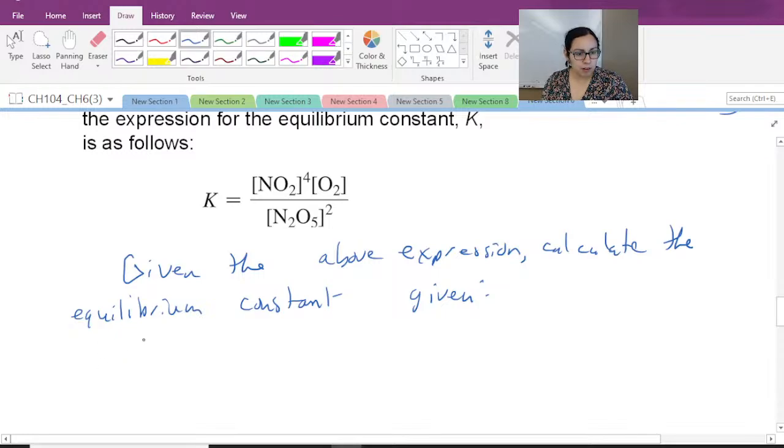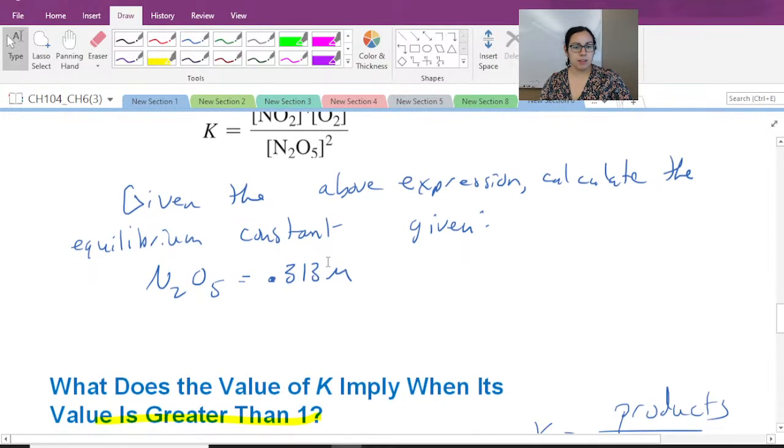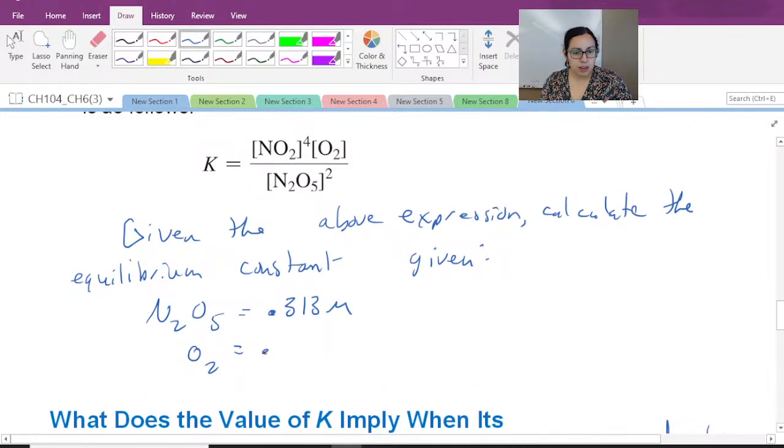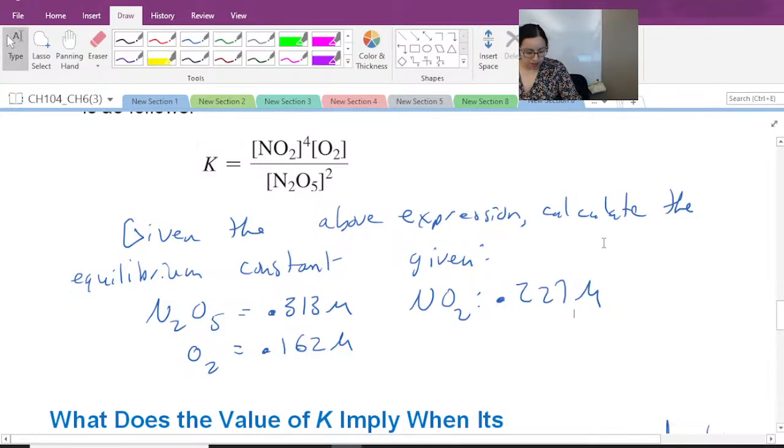Given that your N2O5 concentration is 0.313 molarity, your O2 concentration is 0.162 molarity, and that your NO2 concentration is 0.227 molarity. So take a few minutes, plug that in.